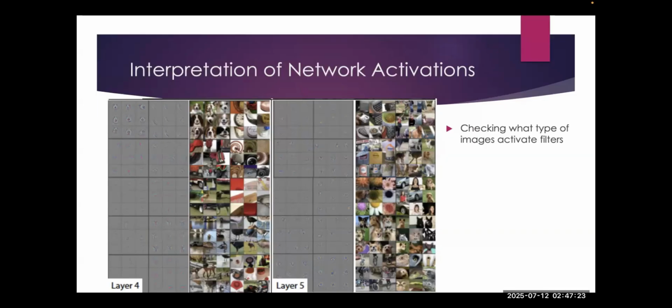This pattern was not only limited to AlexNet. Even for other networks that came after AlexNet, networks like VGG and ResNet, the same property was observed. And as a result, features extracted from these networks were successfully used in many other downstream applications.